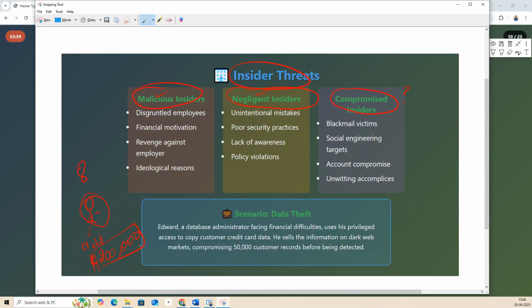They were threatening his family. Edward started small. He accessed customer credit card data and sold small batches on dark web forums. Just a few dozen records at a time, not enough to trigger fraud detection systems. He told himself it was temporary, just until he could pay off his debts.